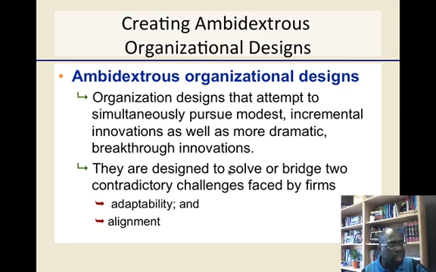And so they definitely need to deal with these two contradictory things, which is adapting to the environment, which is changing very rapidly and is also unpredictable, and at the same time aligning themselves with how to do things in the new changing environment.